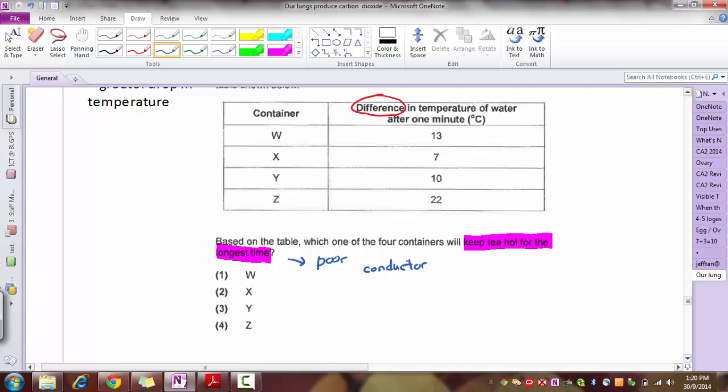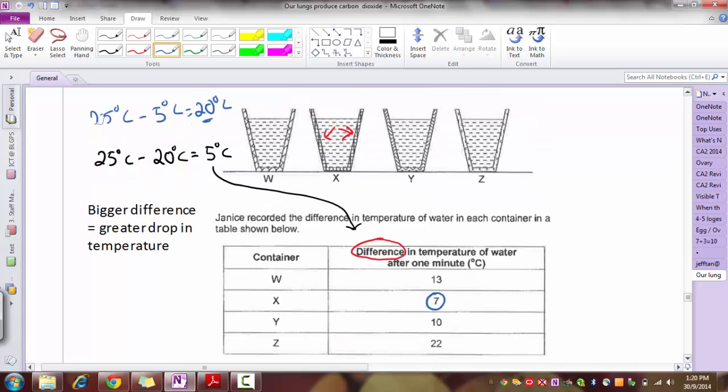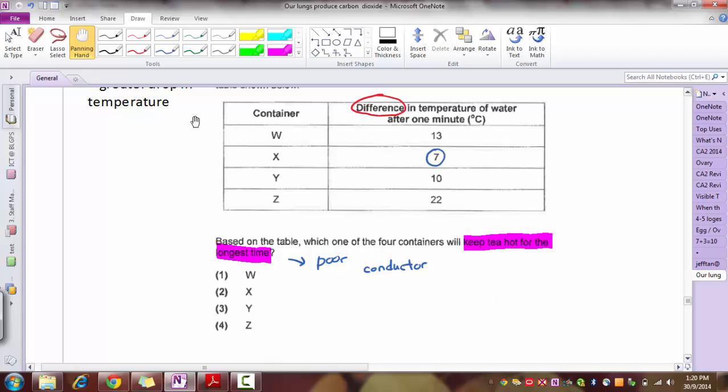A poor conductor will trap heat in, which means the difference in temperature should be the smallest, because before and after I want my temperature to be as close as possible so that my tea will be as hot as possible. So I'm looking for a very small difference compared to this. That's how your answer is 2.